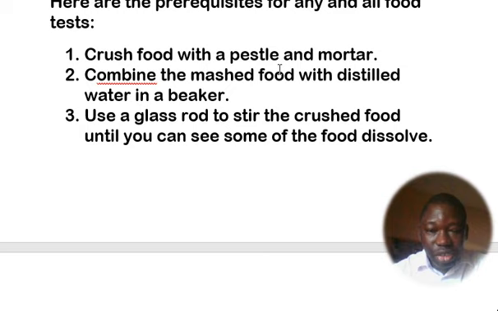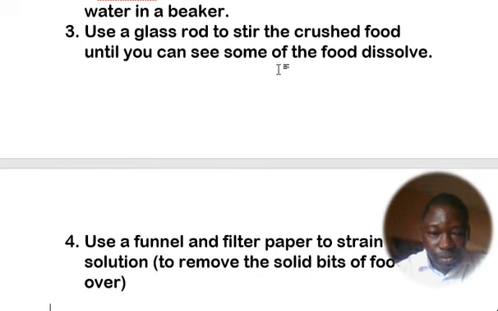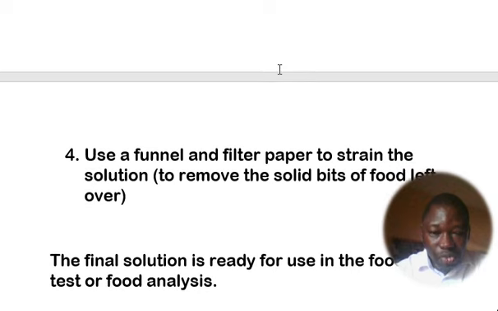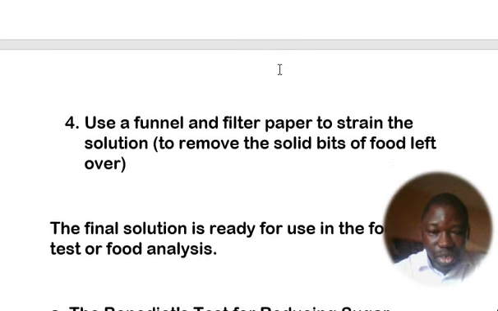Then you use a glass rod to stir the crushed food so that it dissolves and mixes with the water. Then you use a funnel and filter paper to strain the solution to remove the solid bits of food left over.